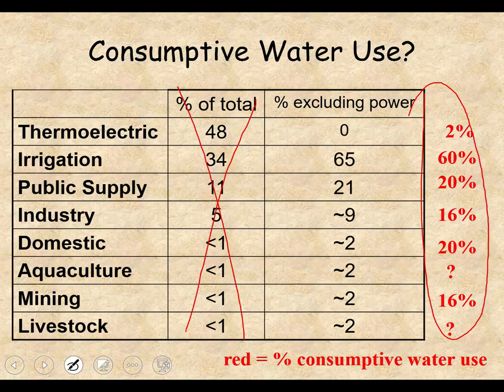The problem with irrigation is that so much evaporates. In fact, almost 2/3 of the water that's used for irrigation evaporates, so we call that a consumptive water use. Now, actually, it's not consumed in the sense of it's gone.